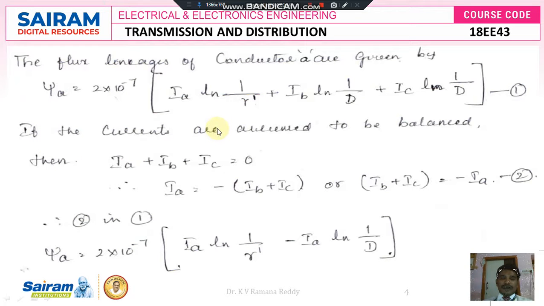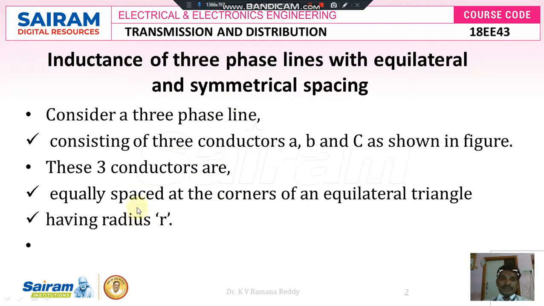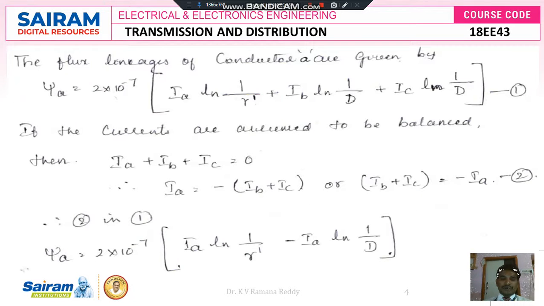If the currents are assumed to be balanced, because we have taken three symmetrical conductors carrying the same amount of current, Ia has the same magnitude as Ib and Ic. According to the direction of currents Ia, Ib and Ic, if you take any one node, we apply Kirchhoff's current law.